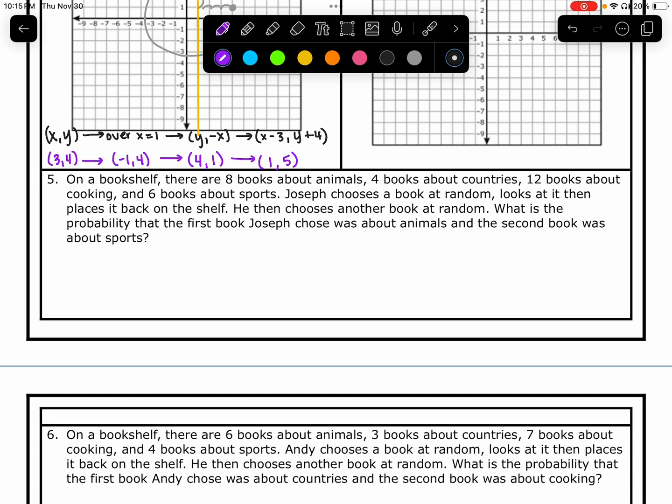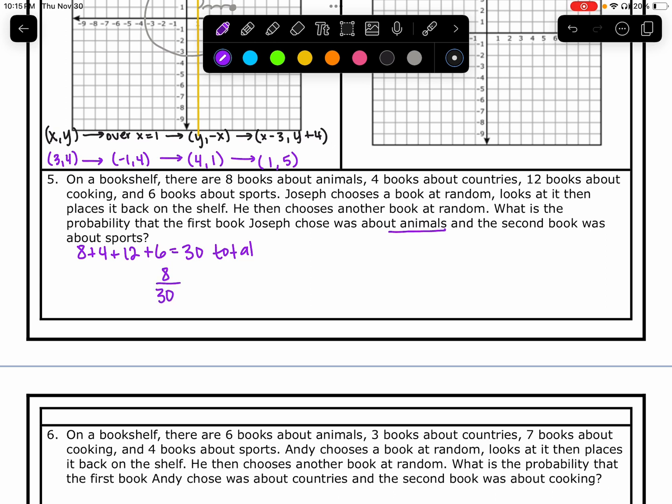Number 5, on a bookshelf, there are 8 books about animals, 4 books about countries, 12 books about cooking, and 6 books about sports to bring us to a total of 30. First, he's going to choose a book about animals, and there were 8 of those.